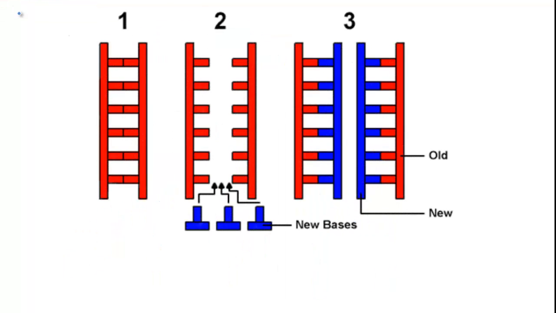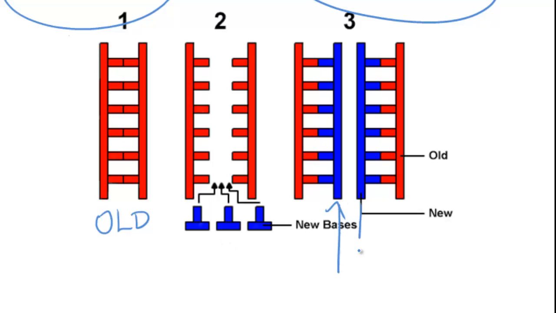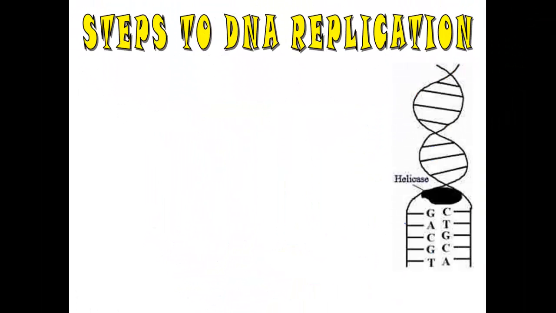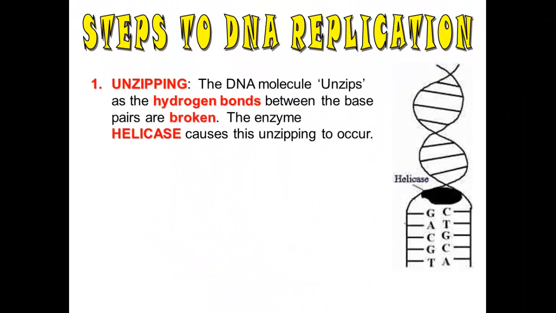One copy of DNA will split apart, and half of the old molecule will be in each of the new molecules. So if you look at the two new molecules here, the blue strands are the new and the red are the old. So each new DNA molecule has at least half of the original parent.